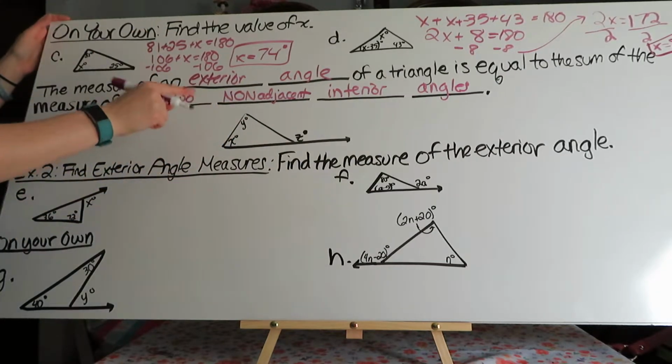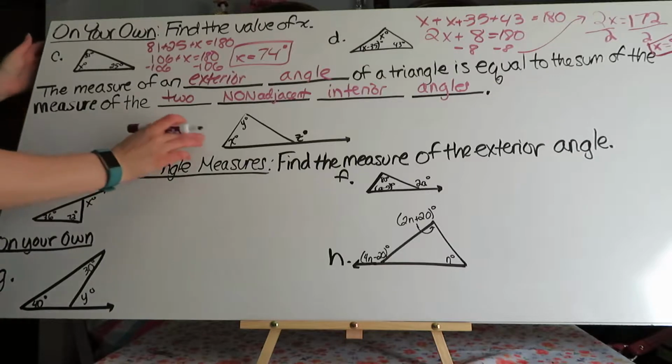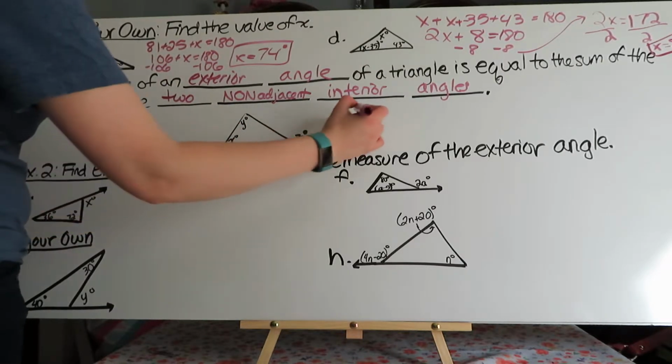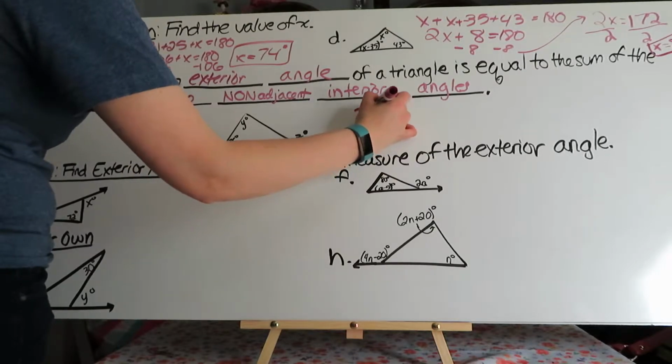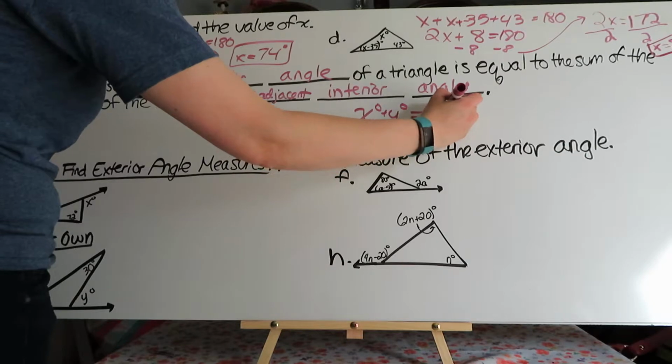Non-adjacent means that it's not next to. So if we were to look at these two angles, they are not adjacent to this last angle. So we have x degrees plus y degrees, and that equals z degrees.